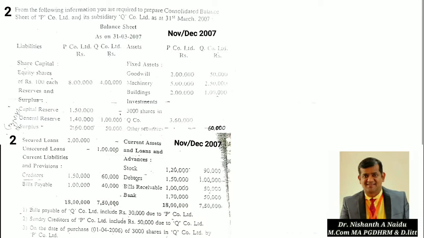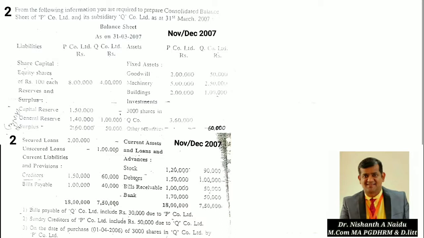Capital reserves P Company Limited 1,50,000, Q Company Limited nil. General reserves P Company Limited 1,40,000, Q Company Limited 1 lakh. Surplus P Company Limited 2,60,000 rupees, Q Company Limited 50,000 rupees.